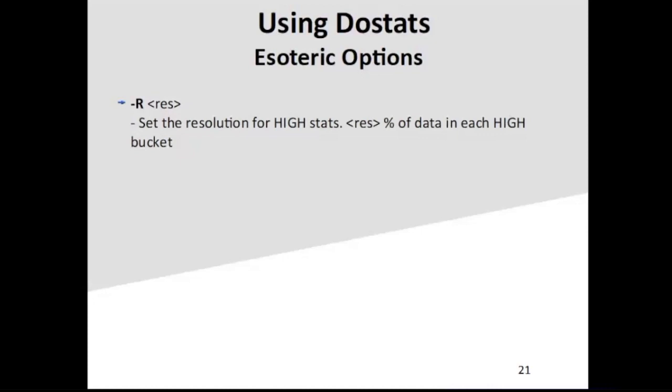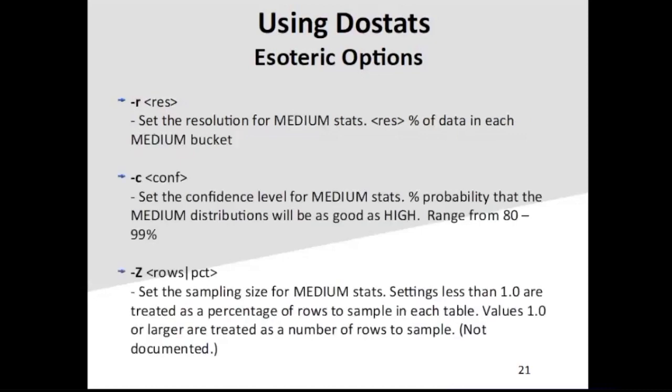So by default, high runs with 40 buckets, okay, with --R 2.5 as the equivalent. So you can change that if you want a higher resolution, if you want a finer resolution, you can do that using the --R.